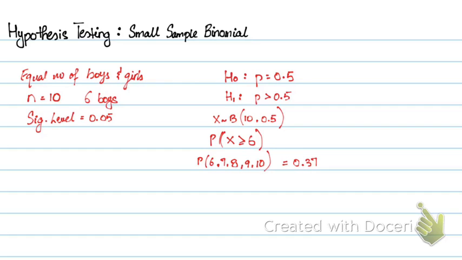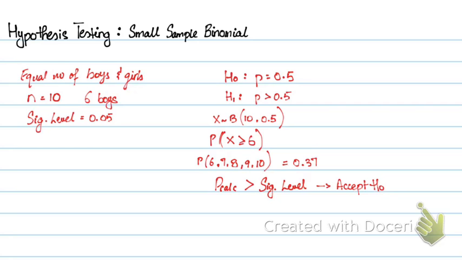You calculate these probabilities and this turns out to be 0.37. Now you compare your calculated probability to the significance level. If your calculated probability is more than your significance level, in that case you accept the null hypothesis.